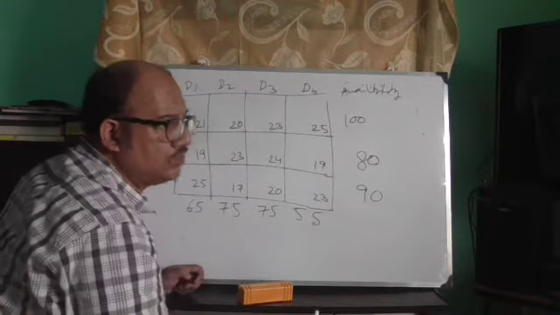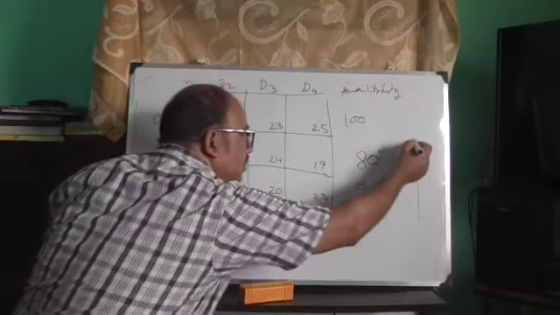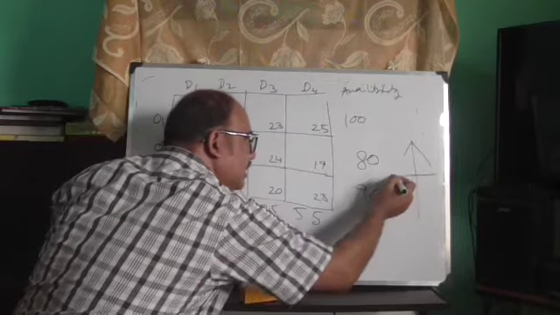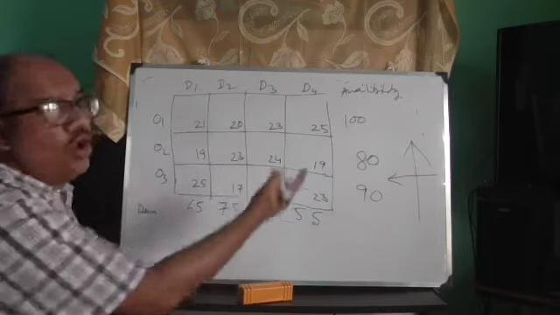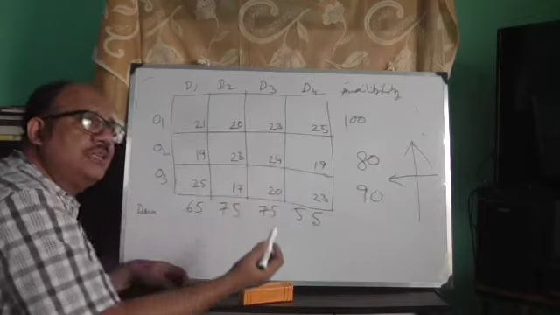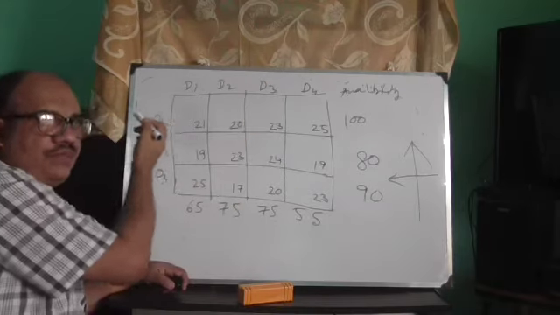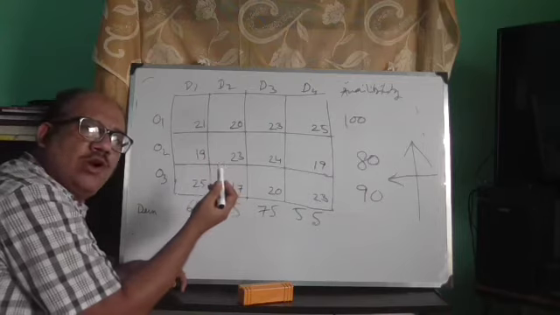In northwest, what is north and west? In a map, this is north, and this is west. So the northwest corner method tells you to always allocate the top left corner cell.